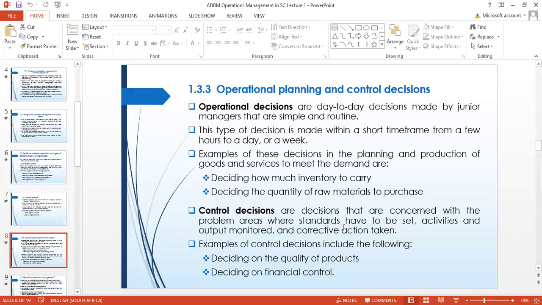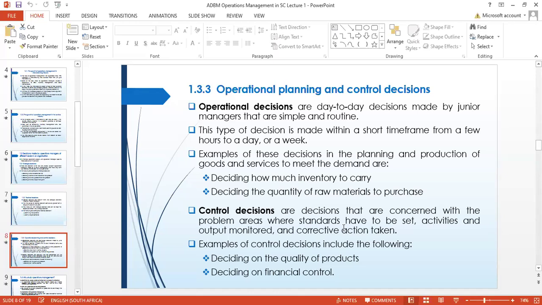They can take it today, and tomorrow they have to decide on the same thing. And the time frame for these operational decisions that are taken by junior managers ranges from a few hours to a day, a few weeks. Okay, from where the tactical starts, that is where it ends.